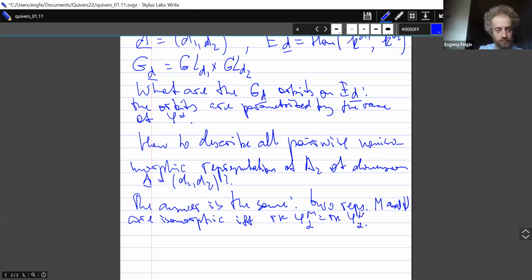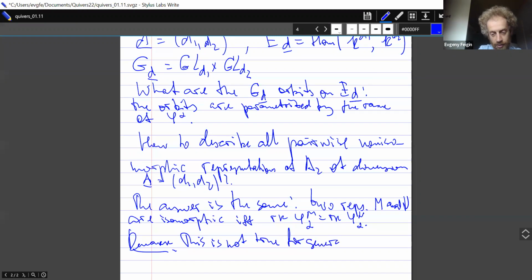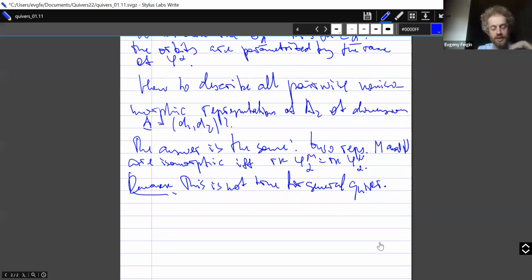But, important remark, this is not true in general for a general quiver. So let us give an example, just not to have a wrong impression. Can you construct an example where all ranks of all maps are the same, but the representations are not isomorphic?